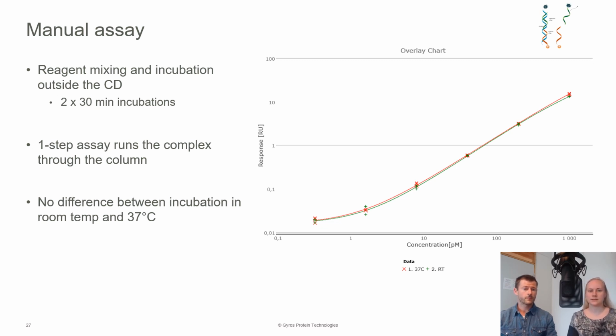Then we ran this mixture through a Bioaffy 1000 CD with a one-step assay just to detect the hybridized complex. And we saw no difference between incubating the hybridization reaction at room temperature or at 37 degrees Celsius. These results are pretty good for us, because if we want to move to the mixing CD, we have no choice but to work at room temperature.